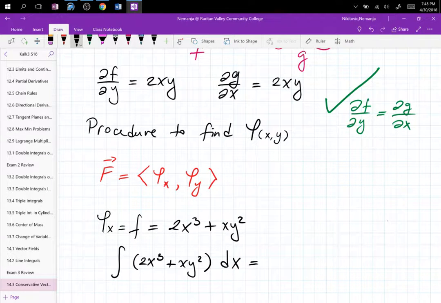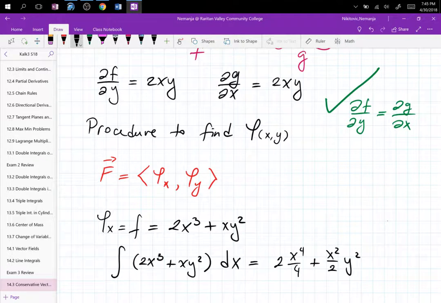When I integrate this, it's actually going to give me my phi. So when I integrate, I get 2x to the 4th over 4 plus x squared over 2 times y squared.